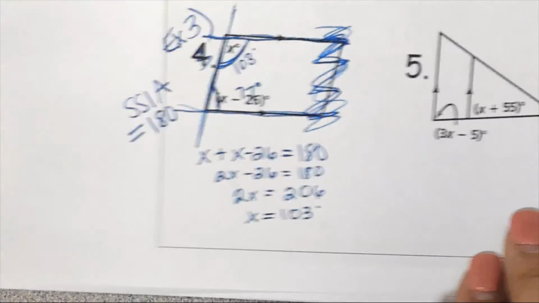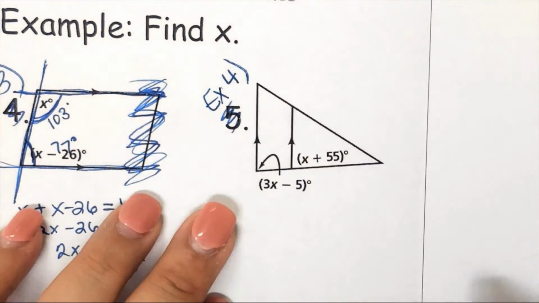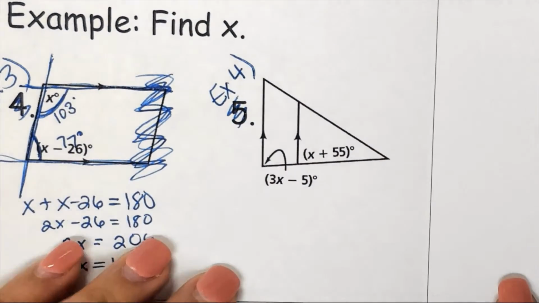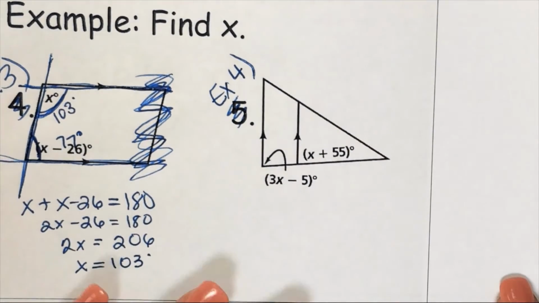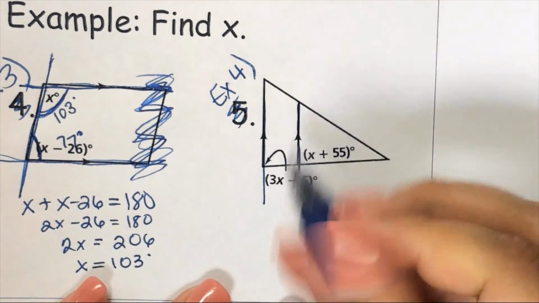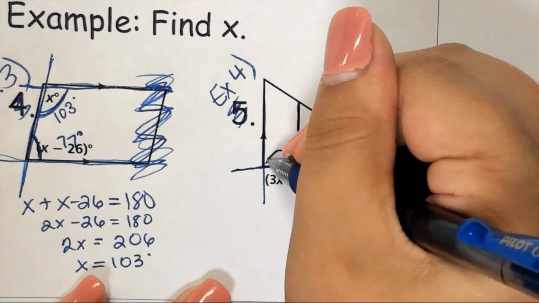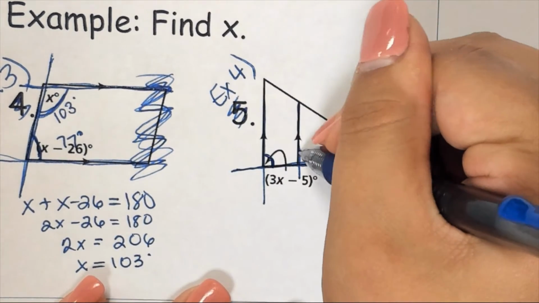Okay, next you're going to draw this one as well. Last example we're doing, example 4. I'm going to extend these 2 lines and draw my transversal. So what do I have? I'm given this angle and this angle.